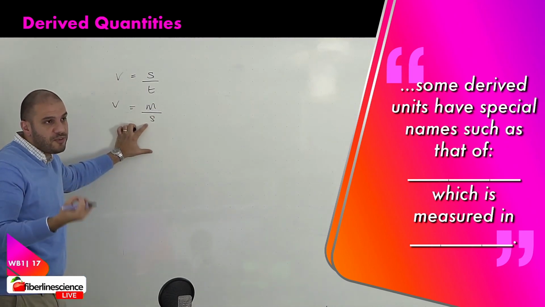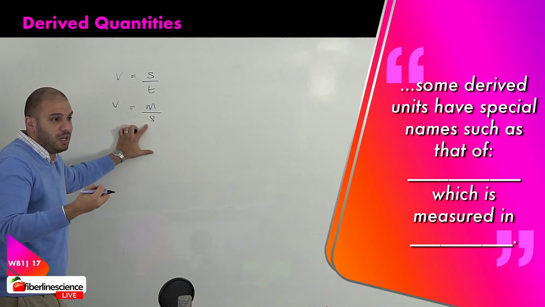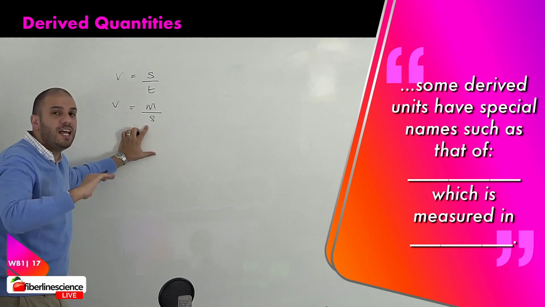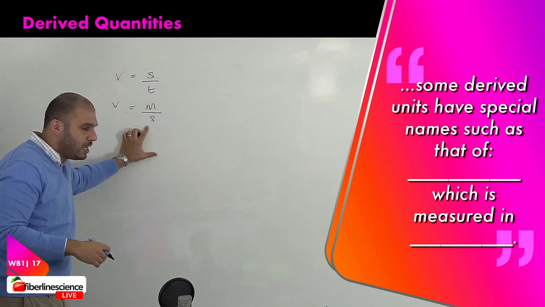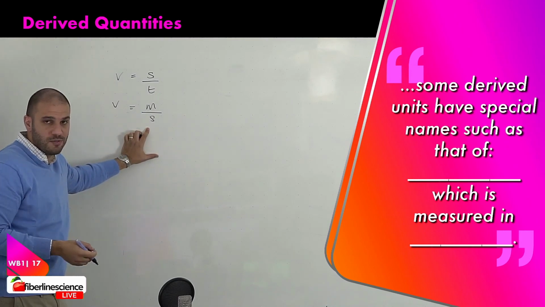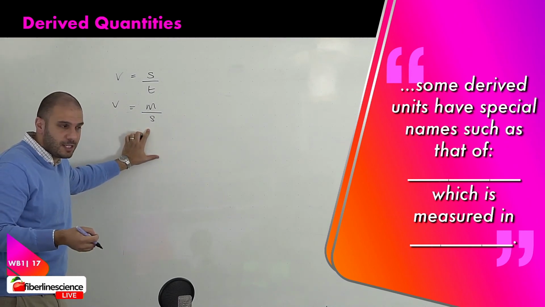Because this is fairly easy to remember, it is not given a special name. It is left as base units, and obviously when we're working with speed or velocity, we're always stating the units as meters per second.